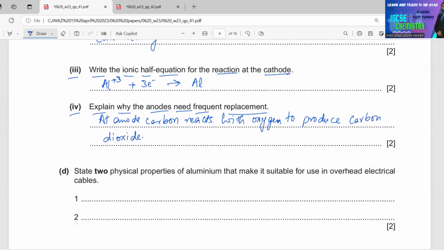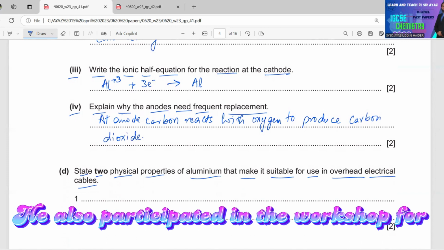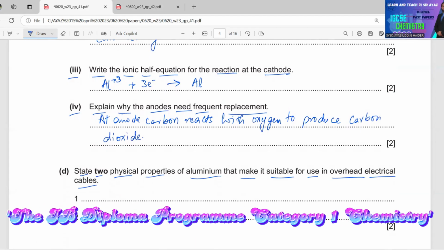D, state 2 physical properties of aluminium that make it suitable for use in overhead electrical cables. So definitely one of the properties of aluminium is that it's a good conductor of electricity and it's light or has low density. So you write good conductor of electricity.